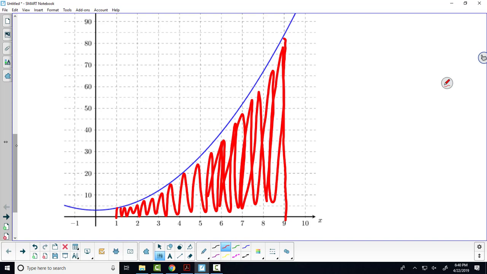So maybe if you do it oh so lightly. Okay. All right. We want to approximate this area underneath the curve here between x equals 1 and x equals 9. Okay? We are going to approximate this by breaking it up into segments and then matching a rectangle to each one of those segments.